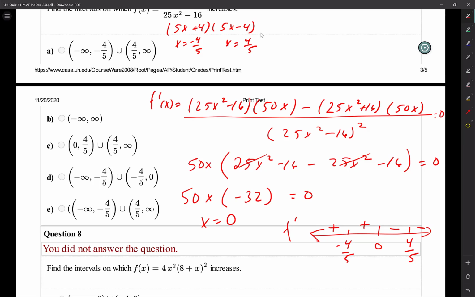You cannot. So this one must have that negative 4/5 stopping you. So negative infinity to negative 4/5, negative 4/5 to 0. This one, I 100% agree with. You have to stop at negative 4/5. So there's a VA, so even more reason for the vertical asymptotes to matter. Did they try and trick you on this one? No, they didn't. They didn't put negative infinity to 0. They should have put that in there to try to trick you guys, but they didn't.